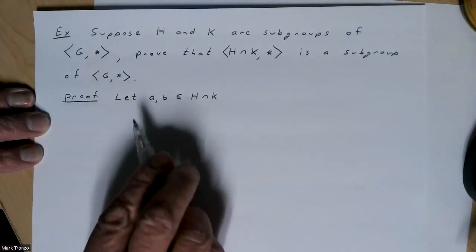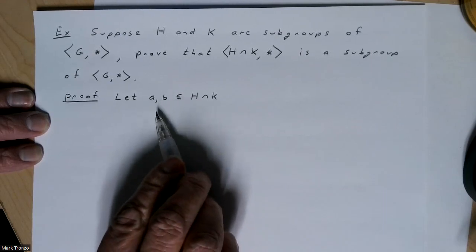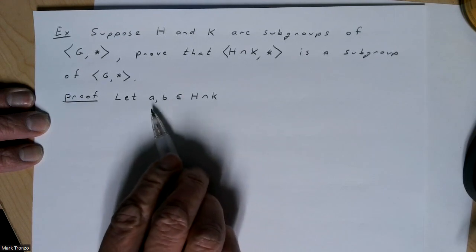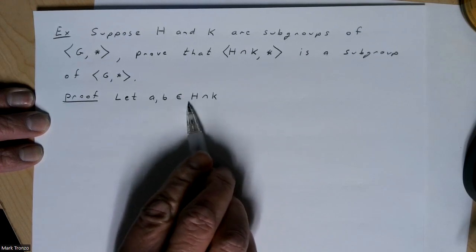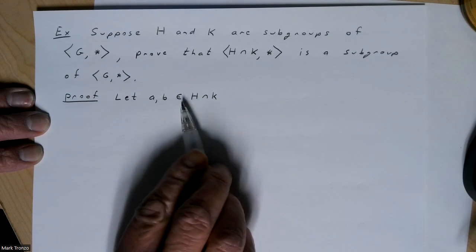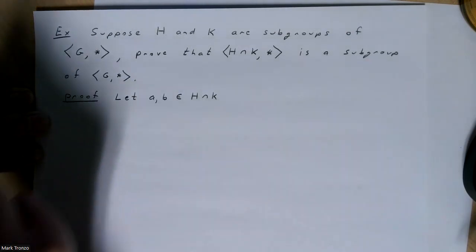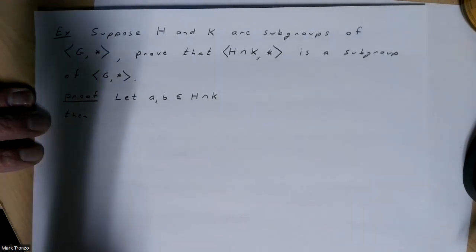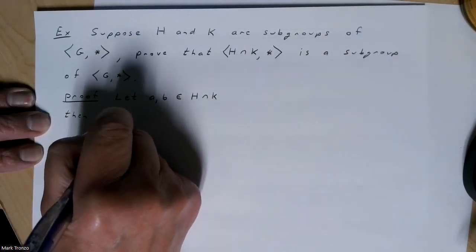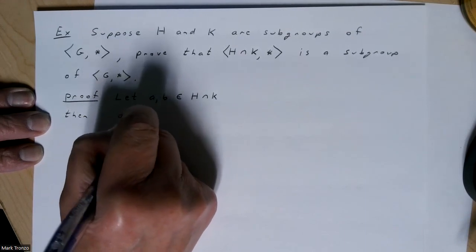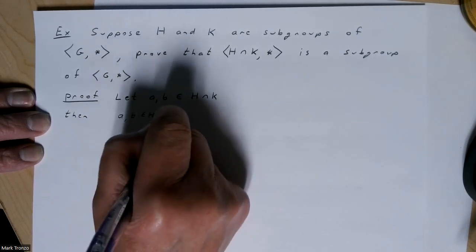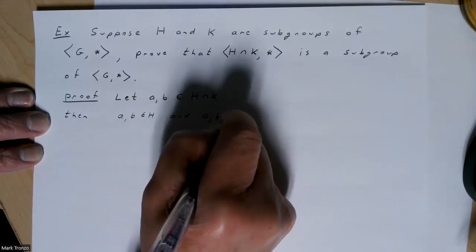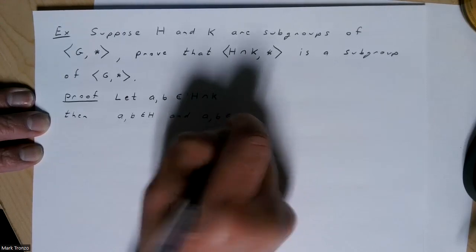When you start with something like that, a lot of times it's right with what you know about this. If we know that A and B are in H intersection K, then because of the intersection, we know that A and B are in H, and that A and B are in K.